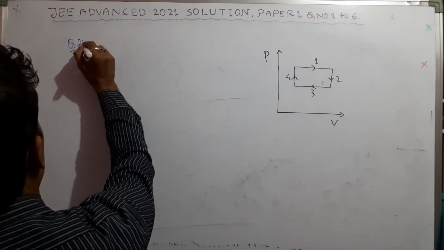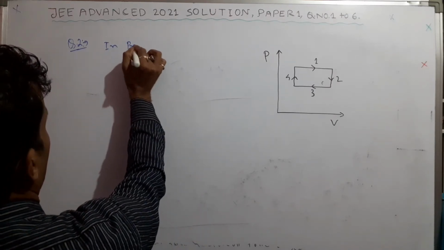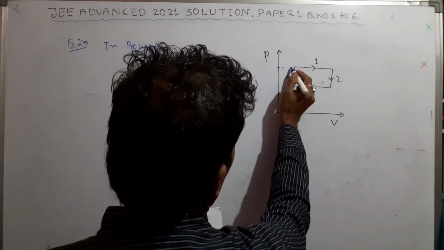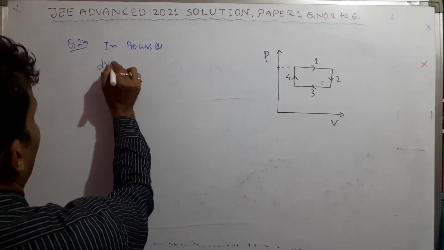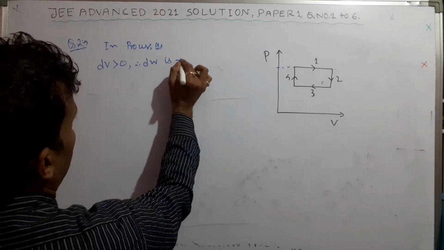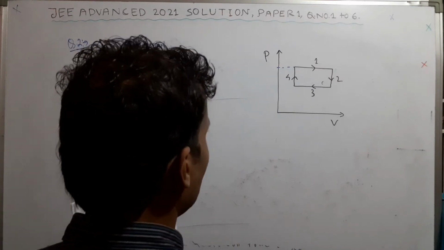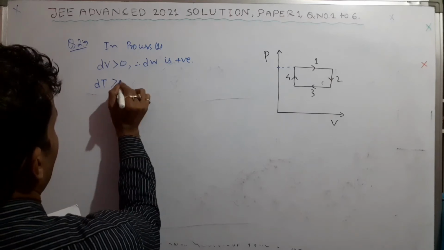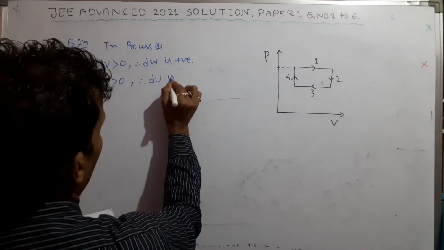So in the first process, clearly you can see, in process 1, it's an isobaric process at a constant pressure and the volume is increasing, and if the volume is increasing, that is greater than 0, that means work done is positive, okay, and as the volume is increasing, that means the temperature is also increasing, that means change in temperature is also greater than 0, therefore dU, change in internal energy, is also positive.